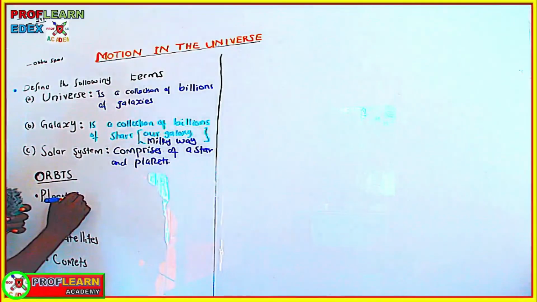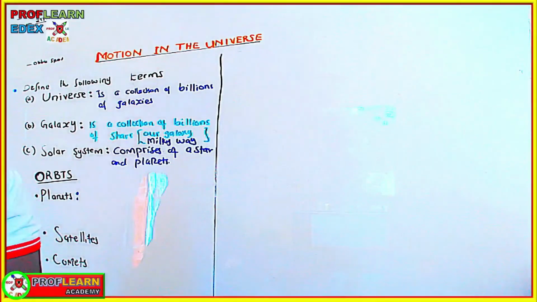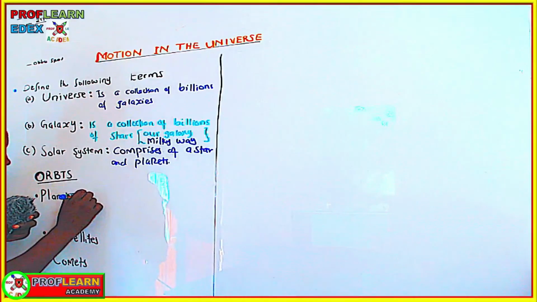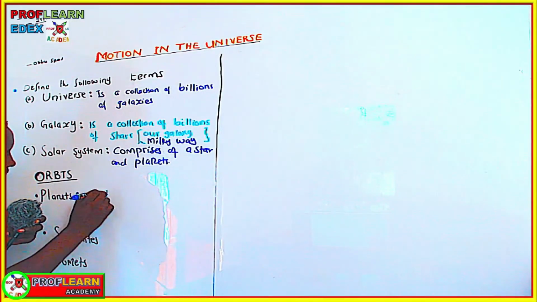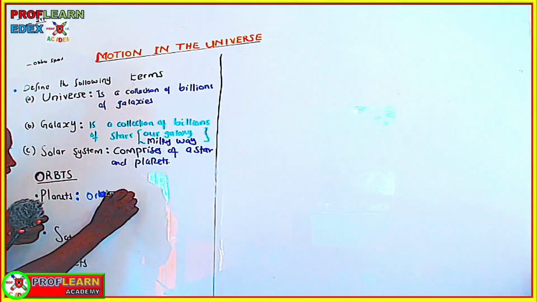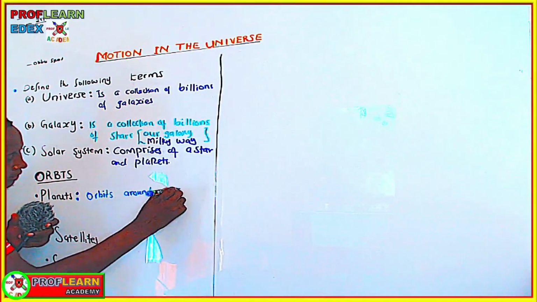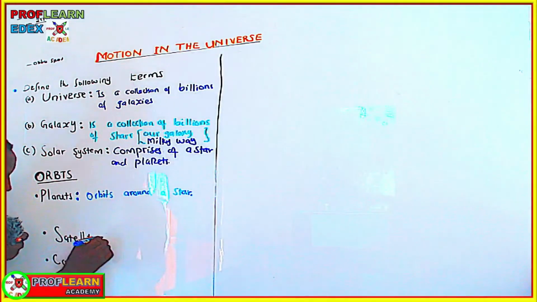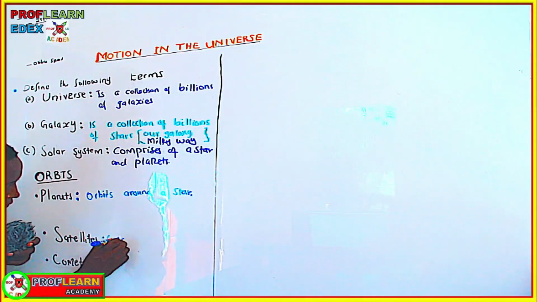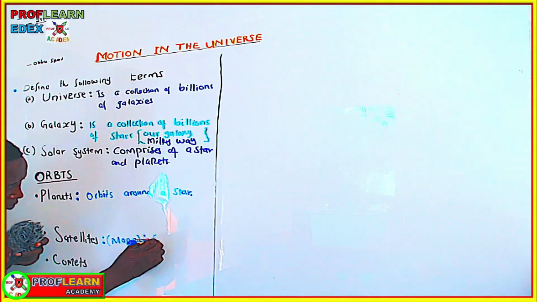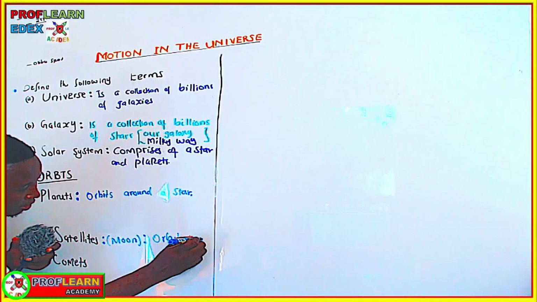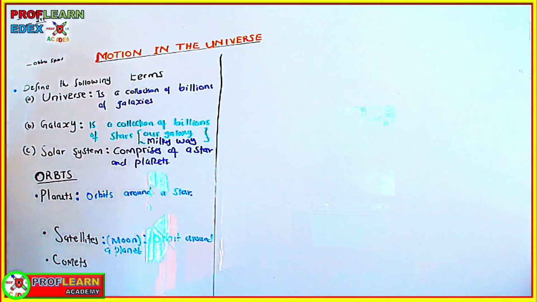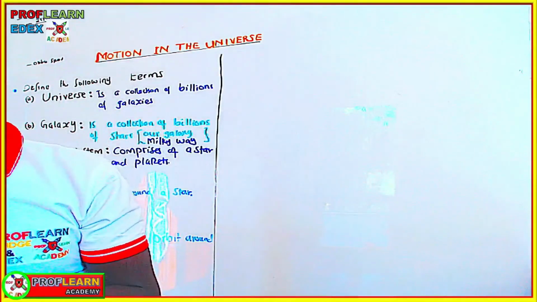We will talk about orbits of planets, and we need to agree that planets orbit around a star, but satellites such as the moon orbit around a planet. That's very key for you to remember.